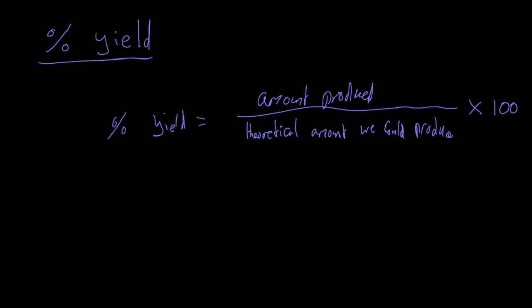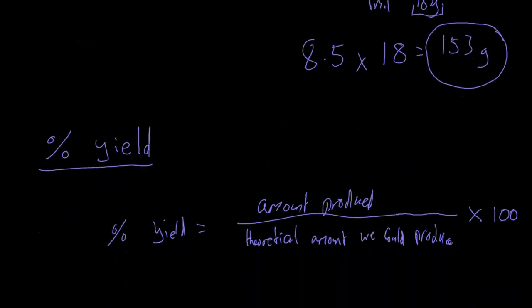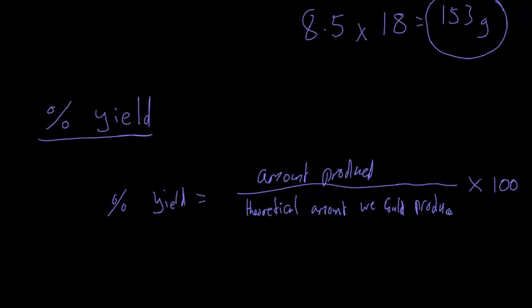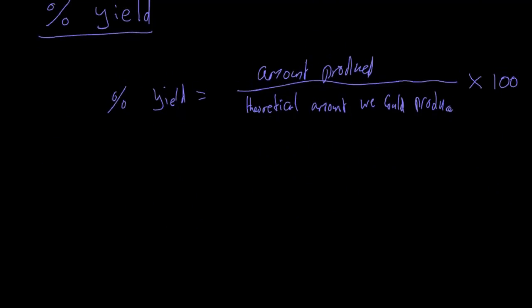If I was to use the previous example, we theoretically could produce a maximum amount of 153 grams of water. We carried out this experiment in a lab and we only produced 100 grams. 100 grams of water in the lab.